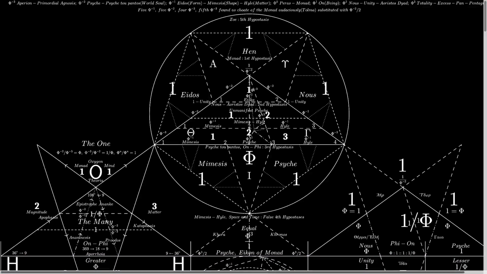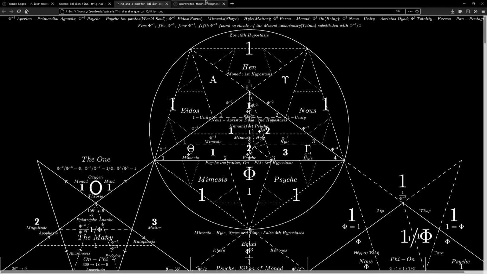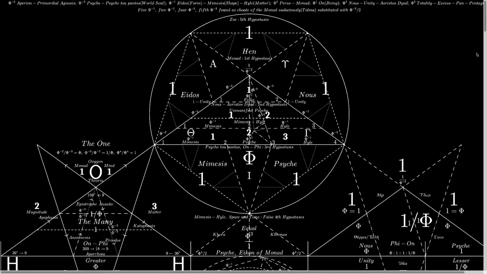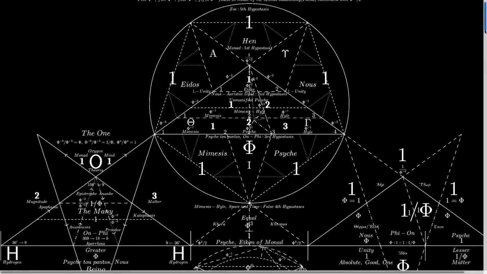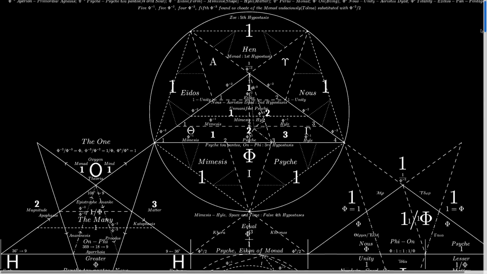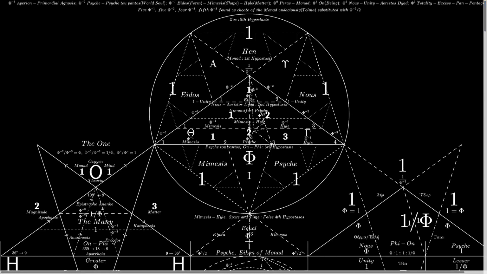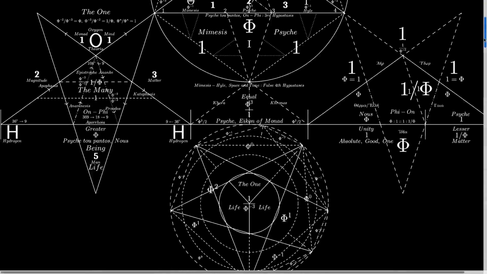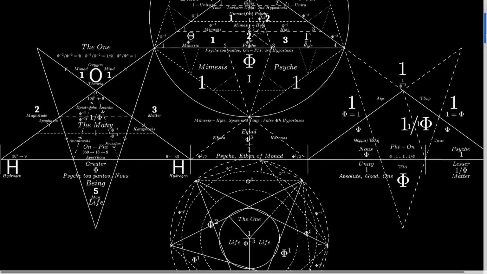And much of it is the same as before in the second edition, but conveyed in a slightly different way. I have simplified this part, showed it like this, and added a false fourth hypostasis over here instead, and showed it as this.